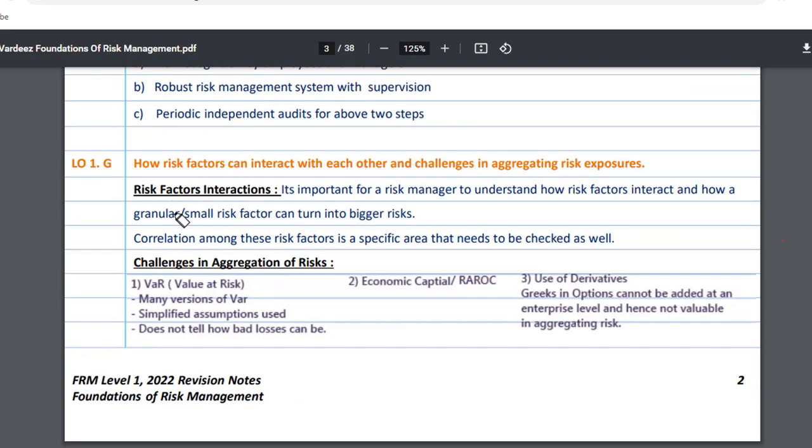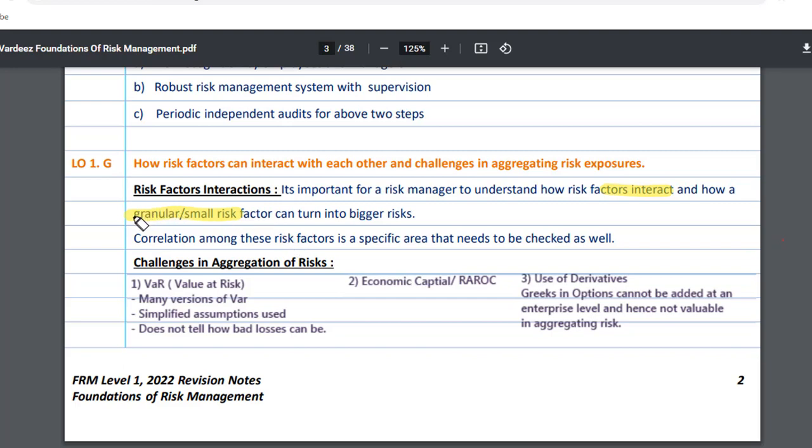Moving on, next learning objective, risk factor interactions. We've already talked about risk factor interactions with the Lehman Brothers. It's important for a risk manager to understand how risk factors interact, and how a granular or a small risk factor can turn into a bigger risk. One small credit risk can quickly turn into some other business risk or reputation risk, or some other risk factor.